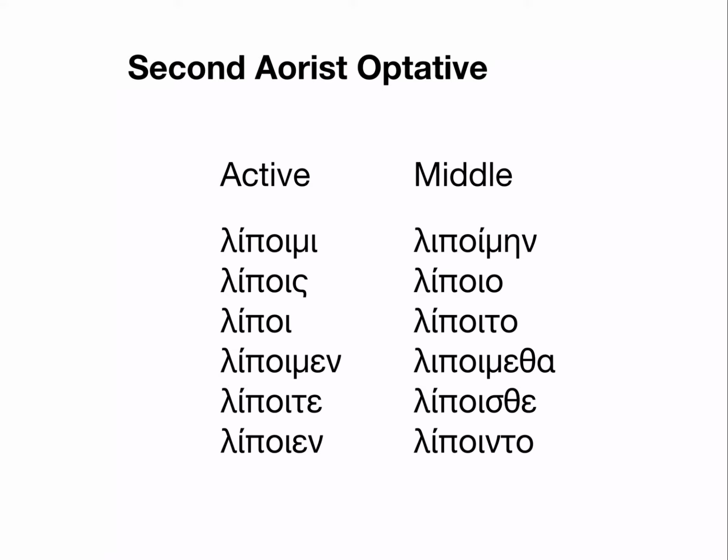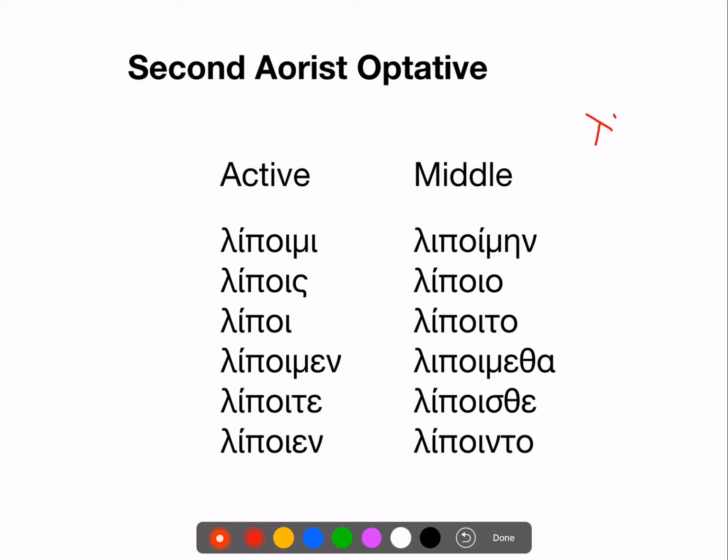For the second aorist optative, again, we take that same stem from the third principal part. For the active, we add the endings we know from the optative active present. For the middle, we add the same endings we know from the optative middle present. So again, the only difference between the present and aorist optatives is going to be the stem.